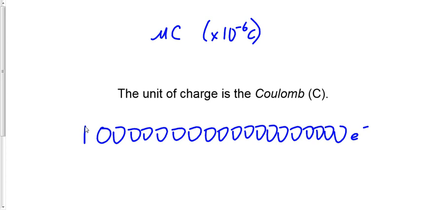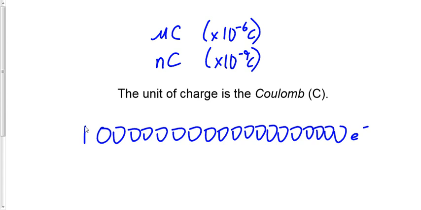You also occasionally see it as a nanocoulomb, nC. A nanocoulomb is 10 to the minus 9 coulombs. These are fairly common because these are often what our charge is in terms of order of magnitude. Using the unit for Coulomb is often like measuring distance in light years, right?